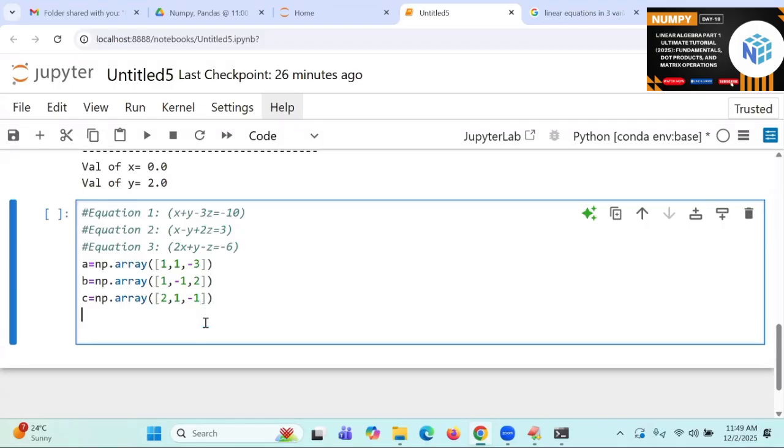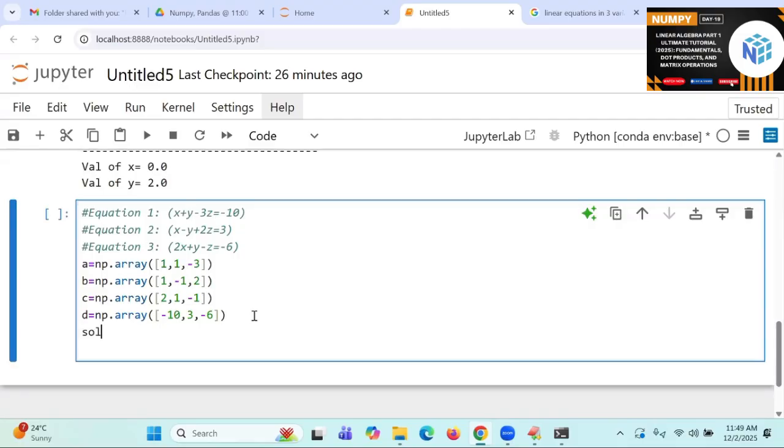Okay. D is equal to np dot array of 10 comma 3 comma minus 6 minus 10. This is the data we have.